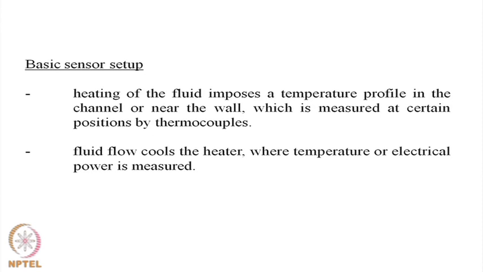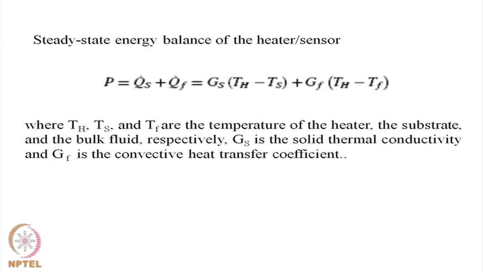One is that the heating of the fluid imposes a temperature profile in the channel or near the wall, which is measured at certain positions by thermocouples or some such sensors. The fluid flow cools the heater where temperature and electrical properties are measured. So, let us look at the energy balance for such cases.